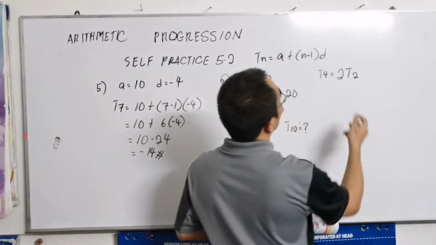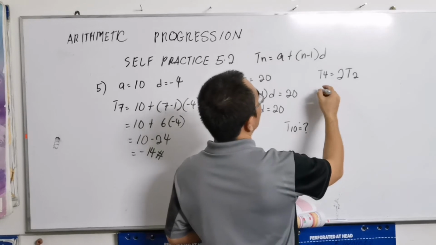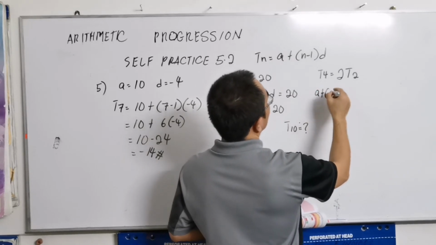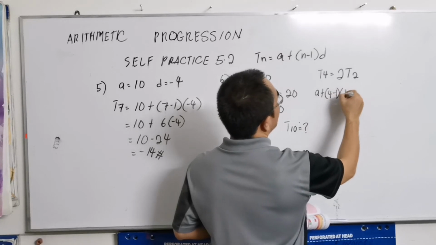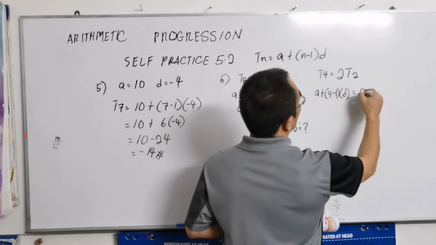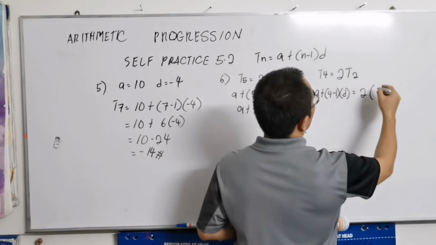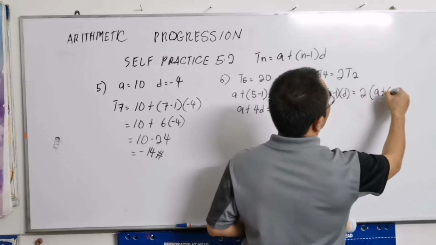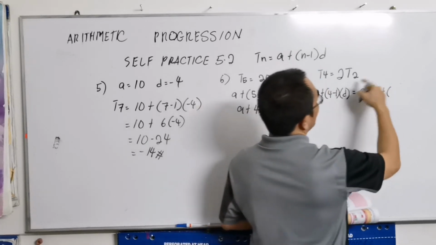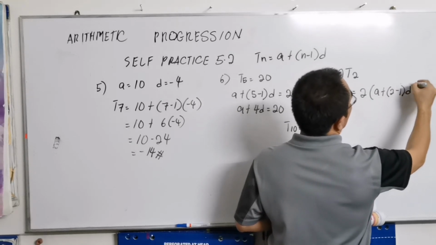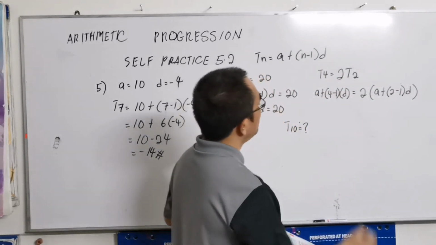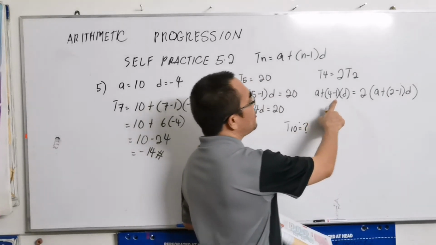So T4 equal to 2T2. T4 is A plus (4 minus 1) times D equals 2 bracket, T2 is A plus (2 minus 1) times D. And then we can simplify 4 minus 1 with 3.